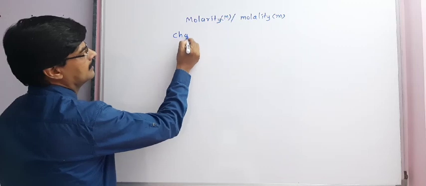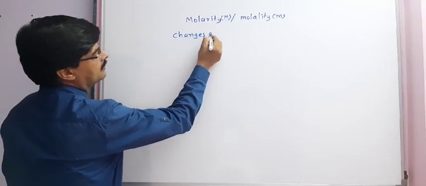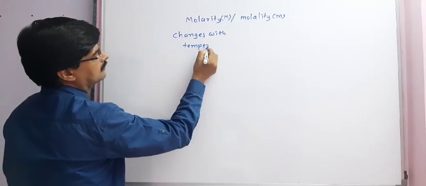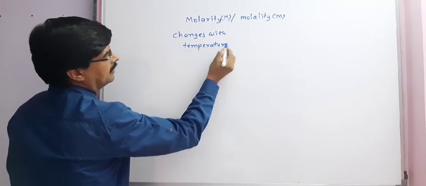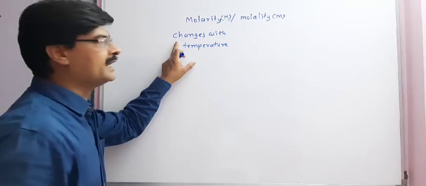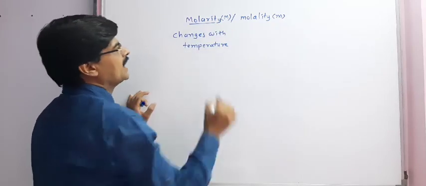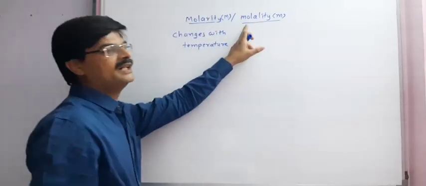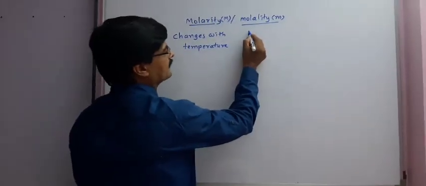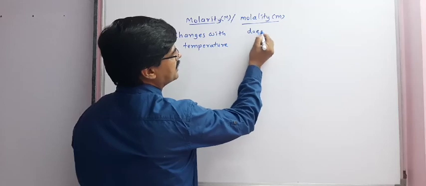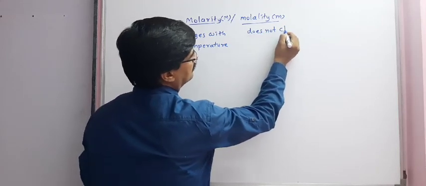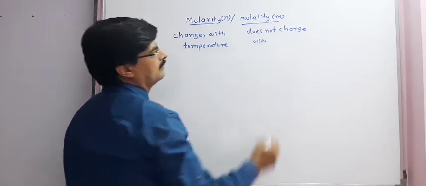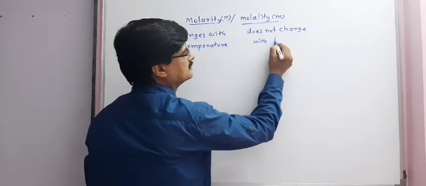Molarity changes with temperature because here volume is connected, and that is why we can say molarity changes with temperature. But since mass is connected in kilogram, that is why we can say molality does not change with change in temperature.